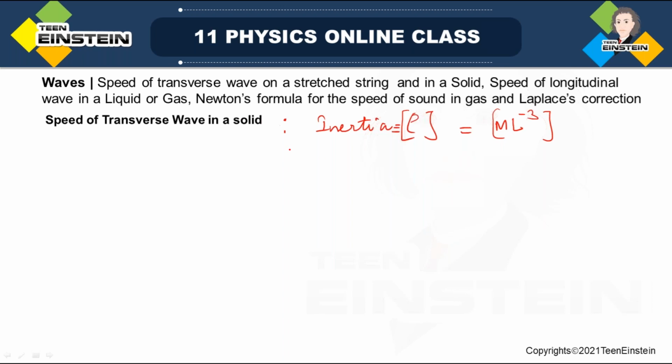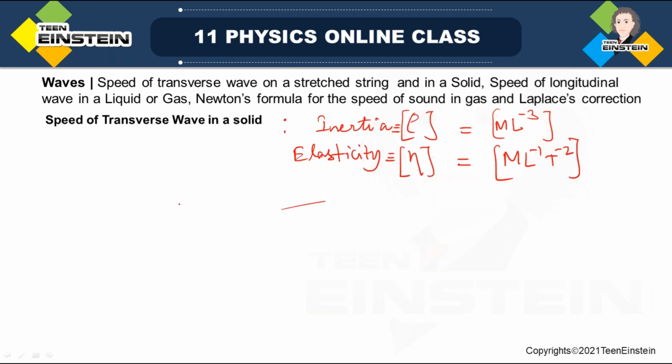In short, elasticity here will be represented by the rigidity modulus. So what will be the dimension? m L to the power minus 1 t to the power minus 2.